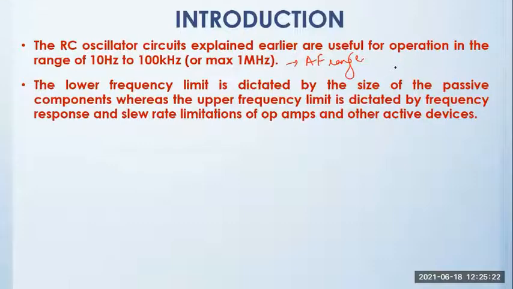Yes or no? Remember, the frequency of the RC phase shift oscillator was given as 1 by 2 pi RC root 6. So if this should be very small, if the frequency should be 10 Hertz or something, naturally R and C values will have to be very large.